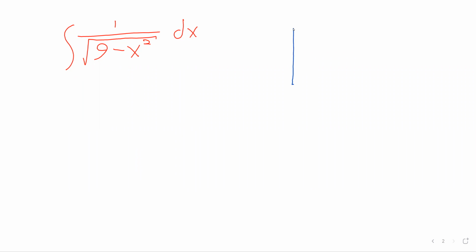And I said, well, integrals like that can show up in the real world when you have a right triangle, in this particular case a right triangle with a fixed hypotenuse.